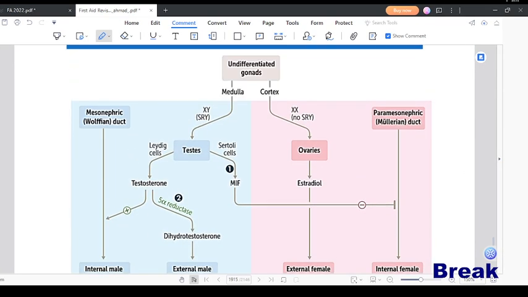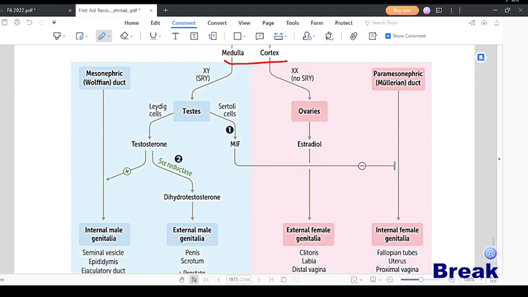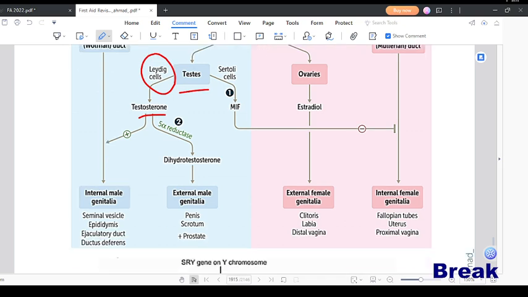Then this table is very important. Firstly, we have undifferentiated gonads. Now there is a medulla and cortex. The SRY gene will lead to the development of testes. Leydig cells will secrete testosterone, and Sertoli cells will produce Mullerian inhibitory factor.